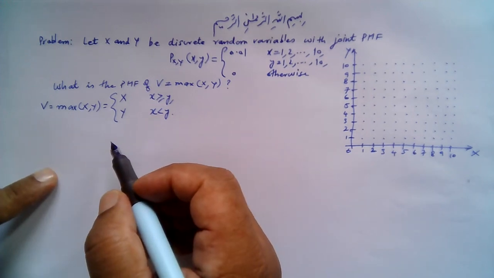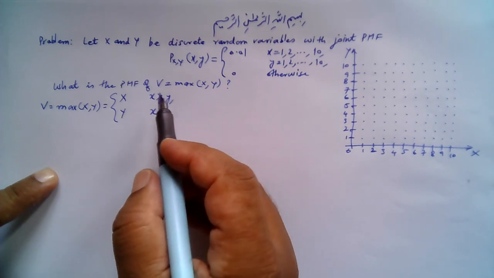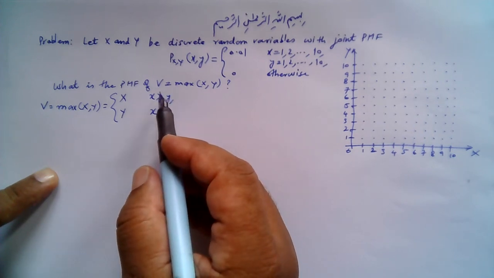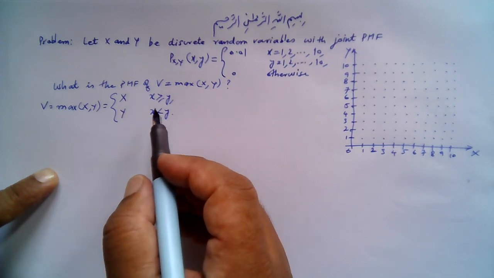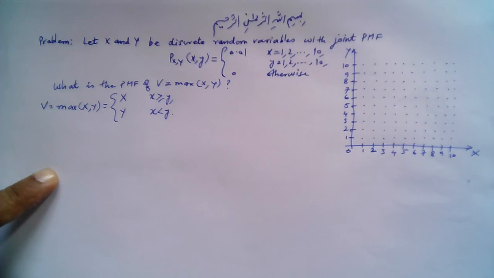So before we begin to derive the PMF of V, it is better that we derive the CDF of random variable V, right?